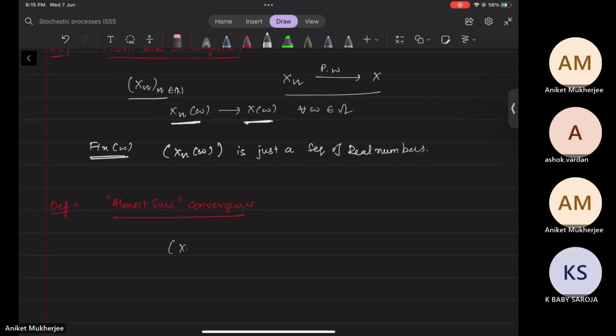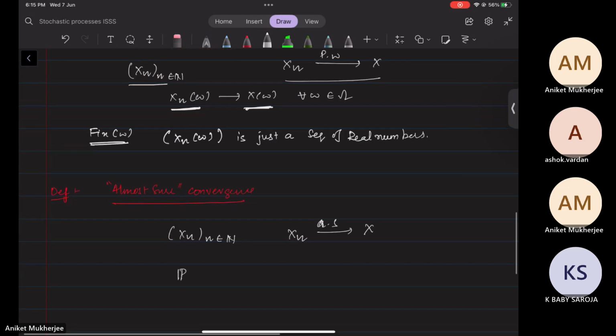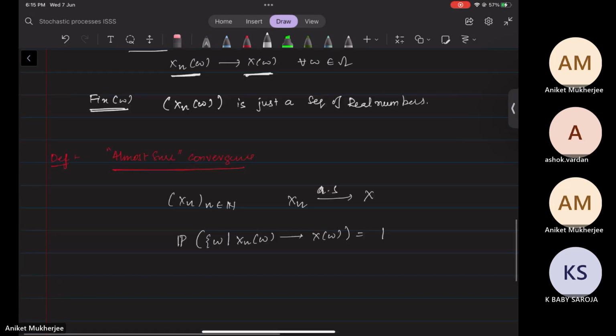Now you have Xn, a sequence of random variables. You say that Xn converges almost surely to a random variable X if the probability of the set of omegas such that Xn(omega) converges to X(omega) is equal to 1. So how did we loosen that property?